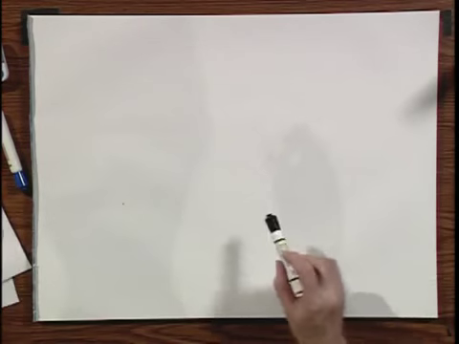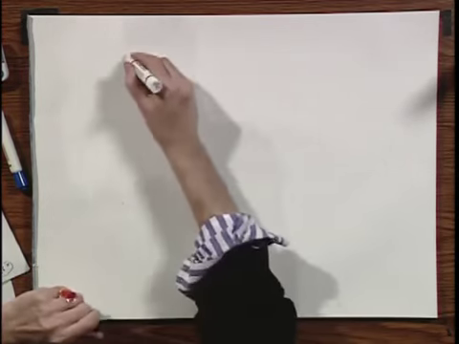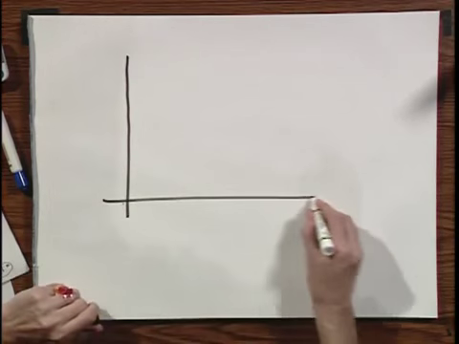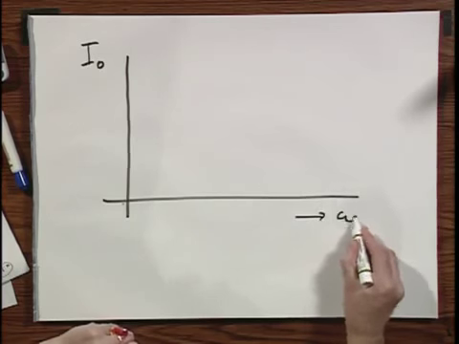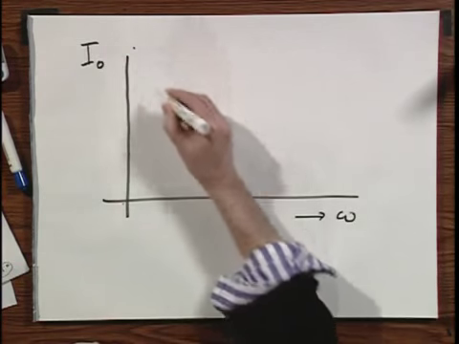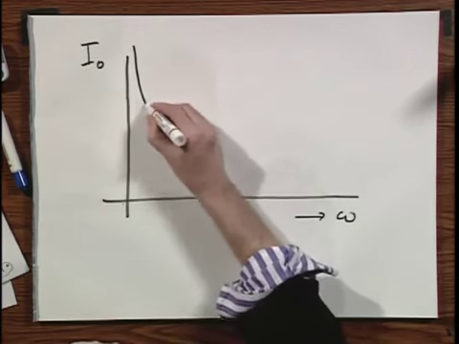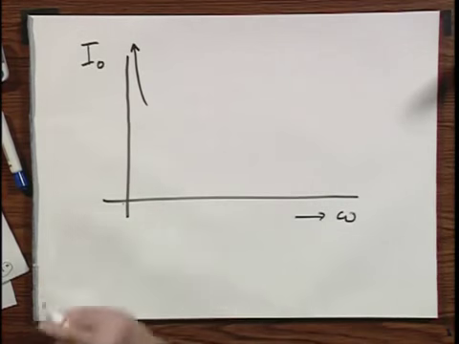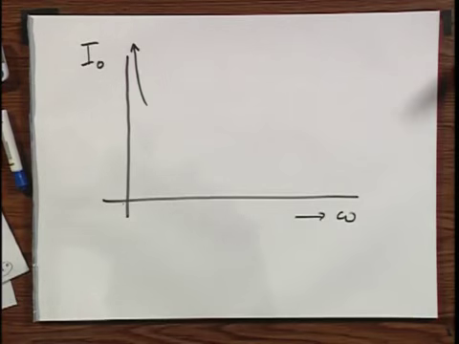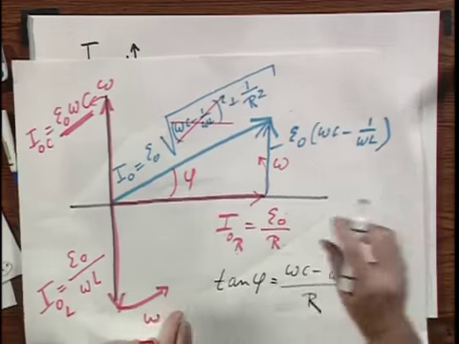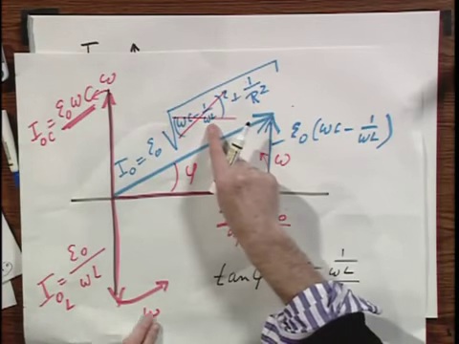There is no resonance. And if you now were to make a plot of I0 as a function of omega, it would be very boring. When omega goes to 0, the current goes to infinity. And the reason why the current goes to infinity is, I need my phasor plot. When omega goes to 0, this value goes to infinity.